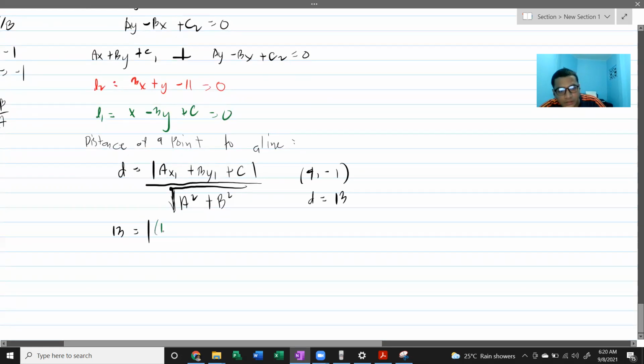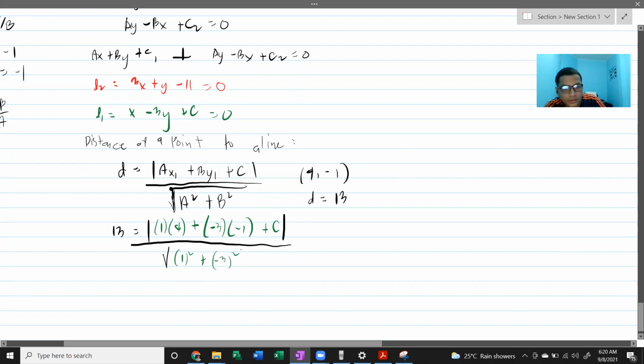Let's just write 1, and our x1 is 4, plus our b is -3, our y1 is -1, plus c, over the square root of 1 squared plus b, negative 3, squared.